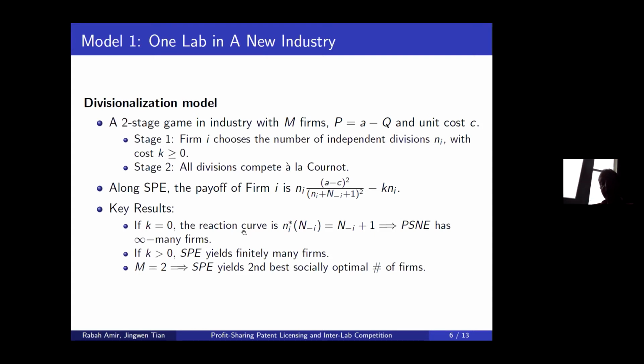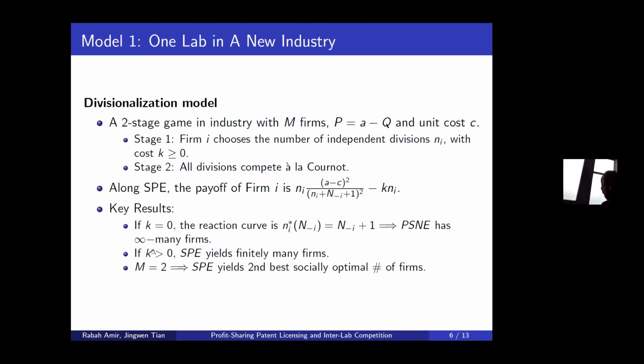So actually, let me just say a note about the literature. This comes directly from the divisionalization literature, the Corchon papers, for instance. And he didn't have this K, he had set K equals 0, so he got infinitely many firms, and he says the divisionalization game leads to perfect competition.